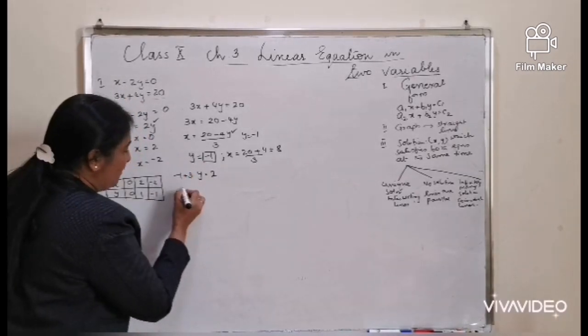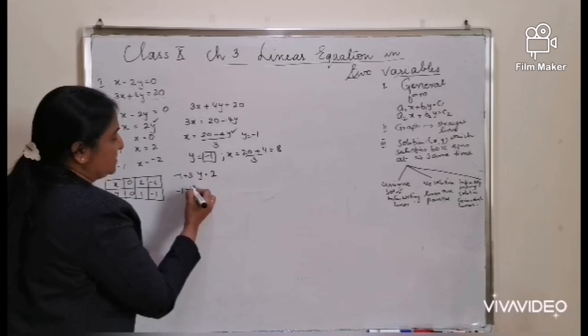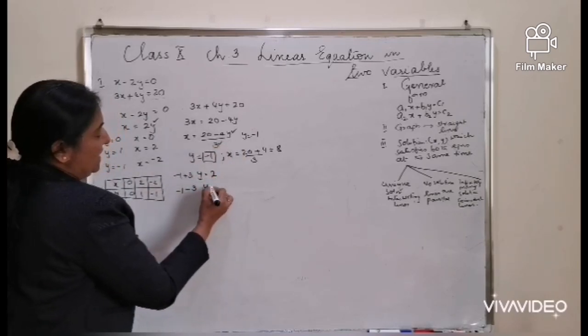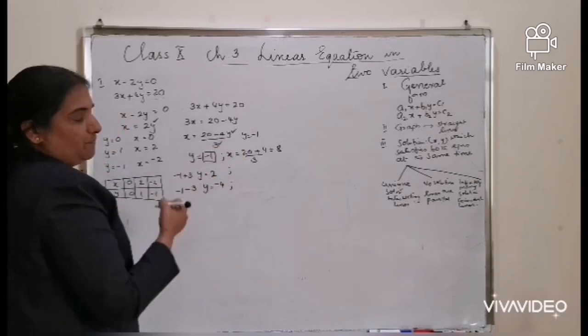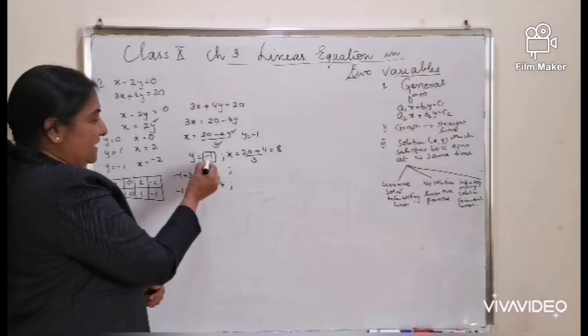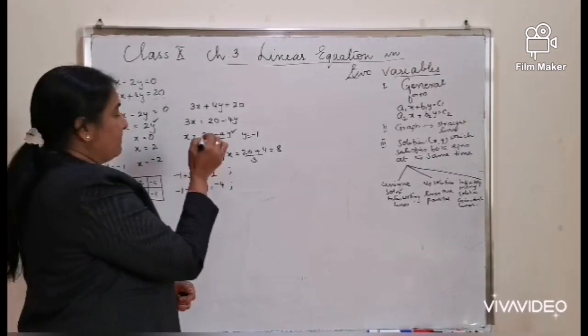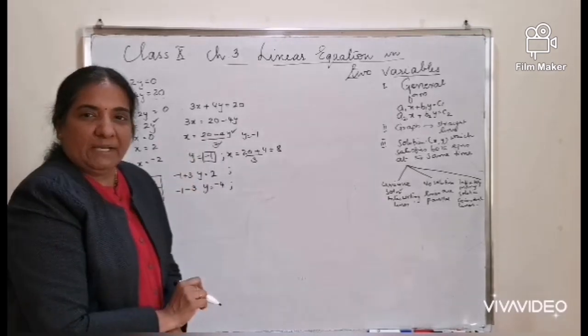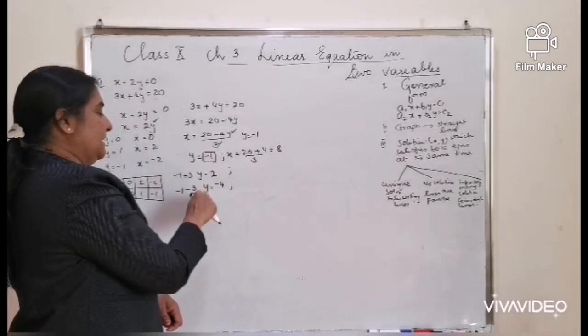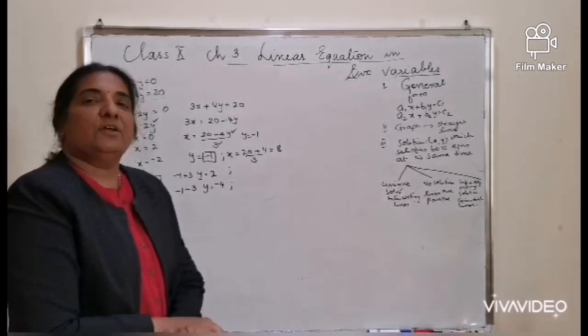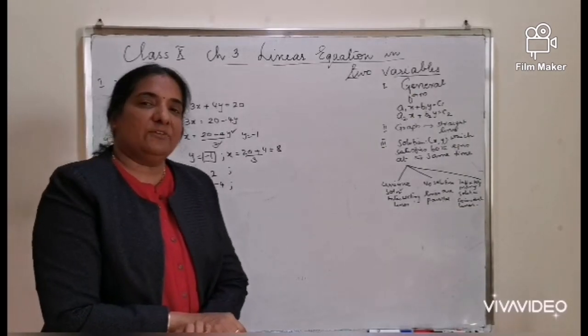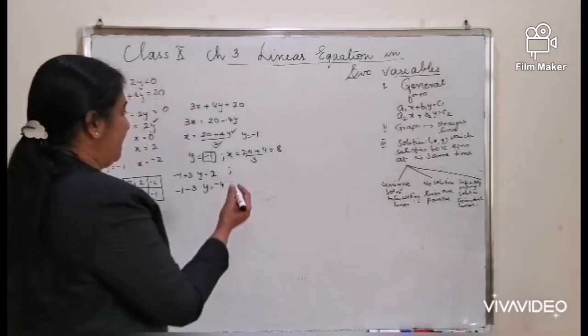Third value, minus 1 minus 3, y is equal to minus 4. That is, after getting the first value, you can add the denominator, and you can subtract the denominator. Definitely those values of y will give you a whole number.